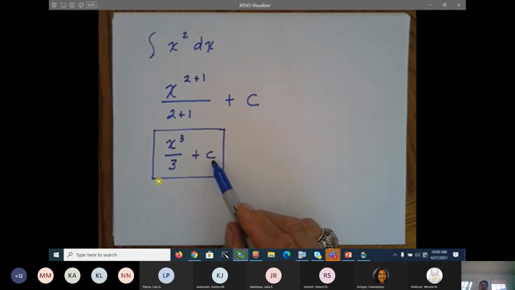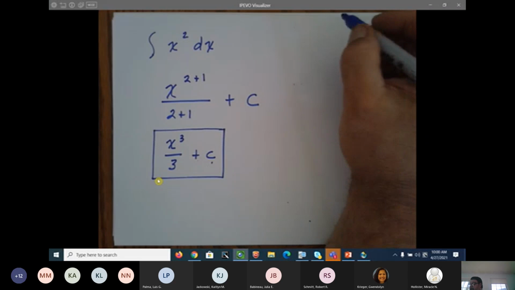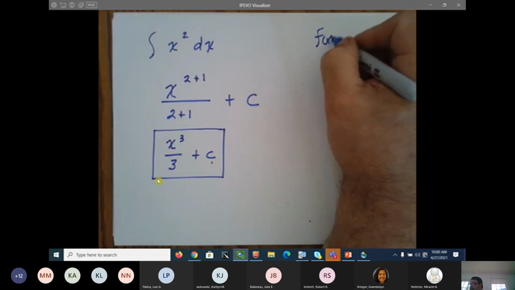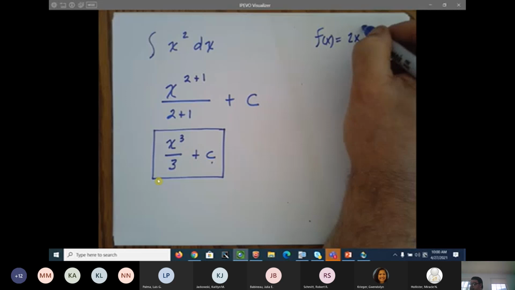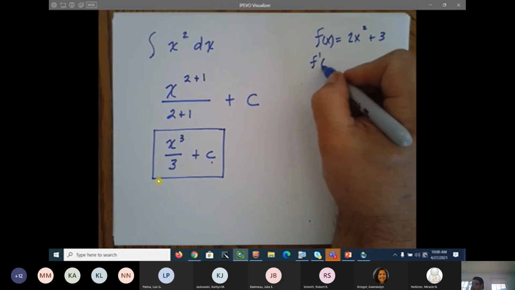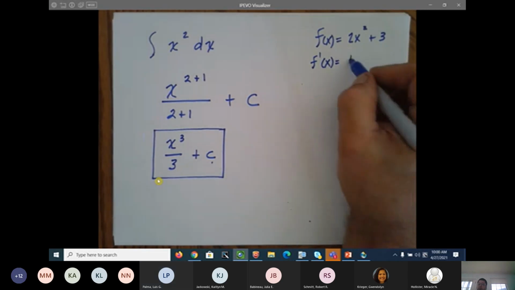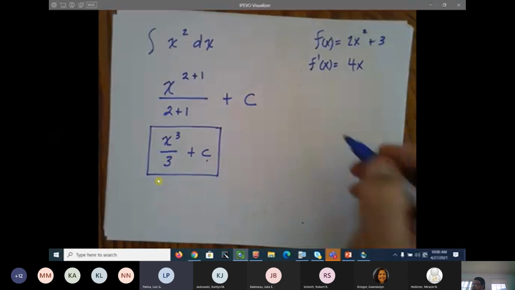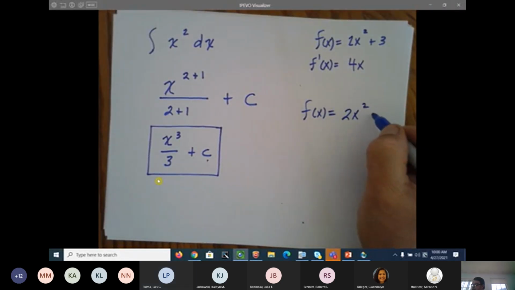Now, the reason I put the plus c. Somebody give me, if f of x is equal to 2x squared plus 3, what's f prime of x? 4x. All right. f of x is equal to 2x squared minus 642.